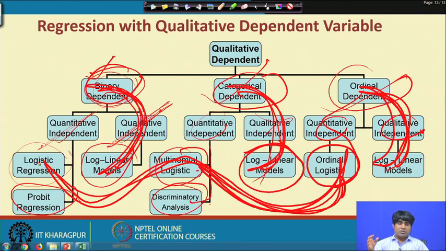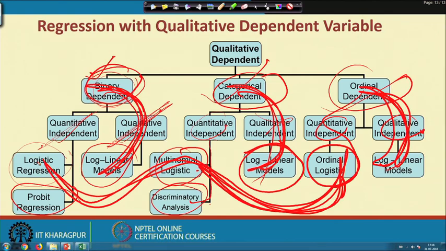And second, the dependent variable may have three different forms: binary dependent, categorical dependent, and ordinal dependent, depending upon the different levels of classification. It means starting with at least 2, then more than 2, and then a little more flexible, more than 2, right.